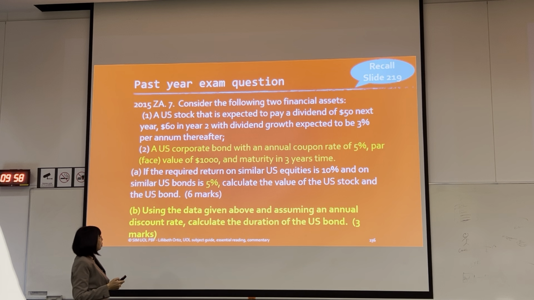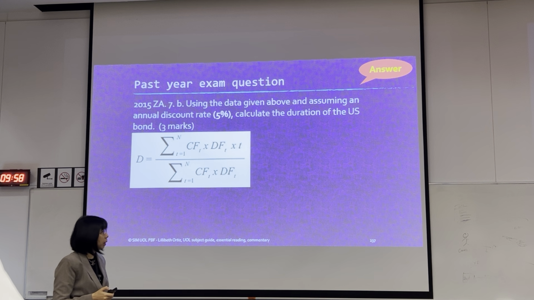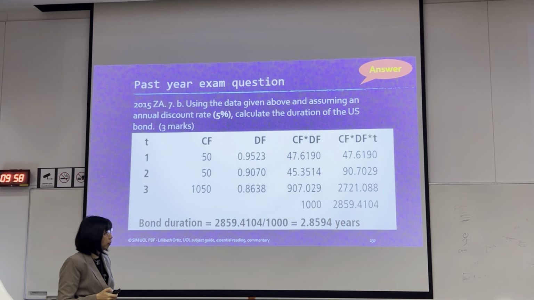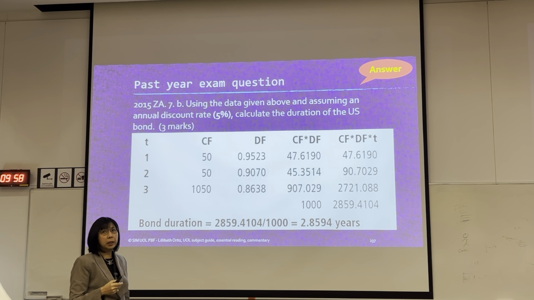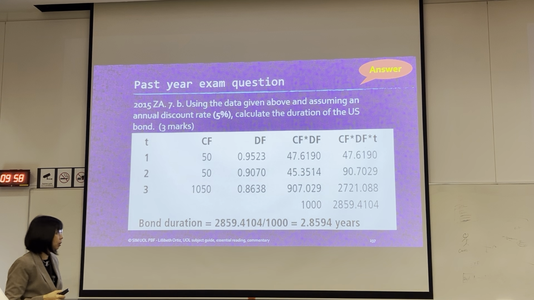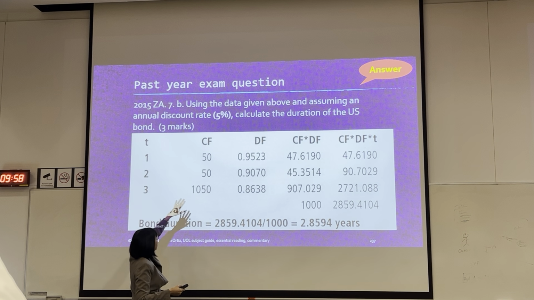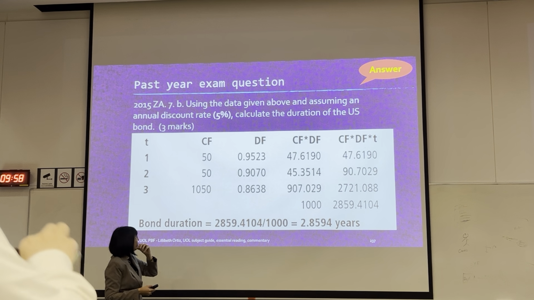So this is a shorter way of expressing it. All right. So assuming a certain annual discount rate, calculate the duration of the U.S. bond. Basically, this would be the calculation. I'm just going to give it to you to save time, right? These are the cash flows of the bond, as we saw earlier, right?